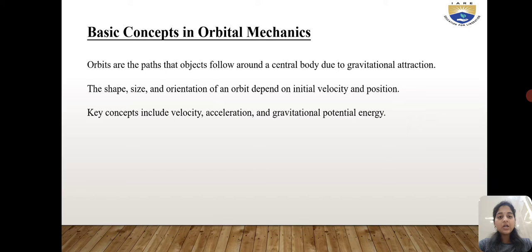So, orbits are the paths that objects follow around the central body due to gravitational attraction, and the shape, size, and orientation of an orbit depend on the initial velocity.